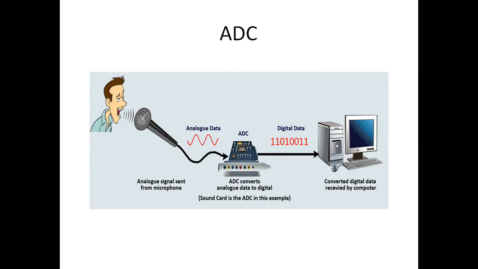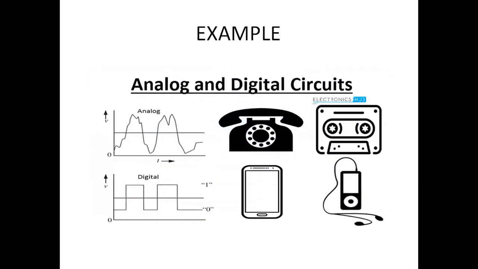So the PC is the digital system. We do the conversion of analog to digital by the analog to digital converter. These are examples of analog and digital.